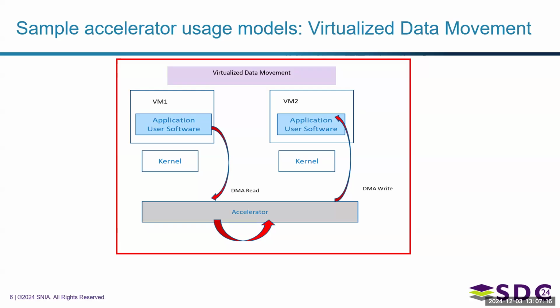So an accelerator interface that can do data movement from one VM's address space to the other VM's address space without having to do multiple buffer copies through the hypervisor layers, but still preserving some of the security that you get with virtual machine isolation or, for that matter, containerized isolation, is still required, right? And while I'm giving an example of virtualized, this applies to any kind of address space that is isolated from other address spaces. That's the key thing that I wanted to mention on this use case.